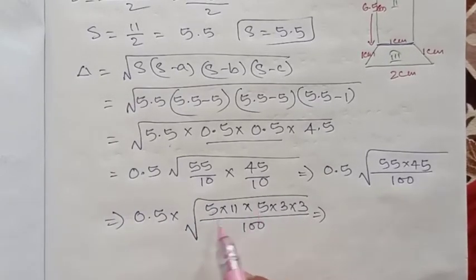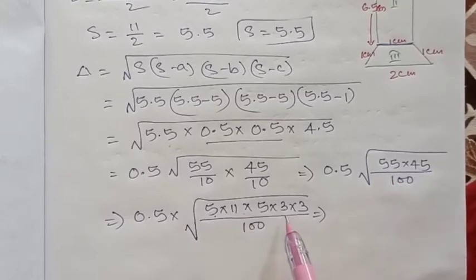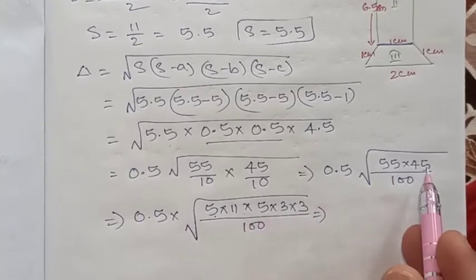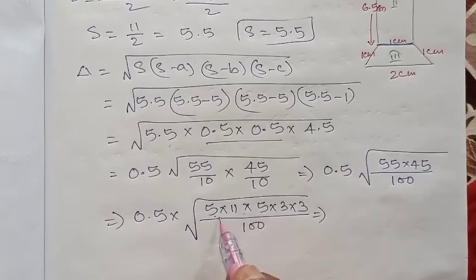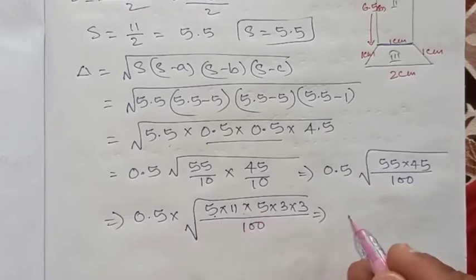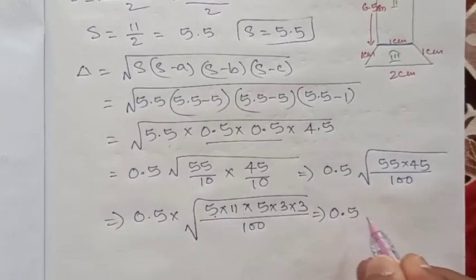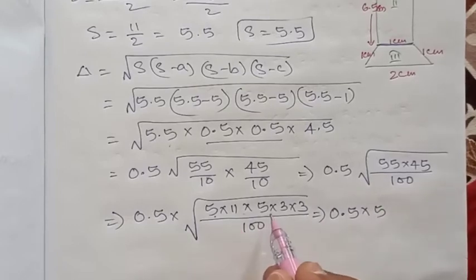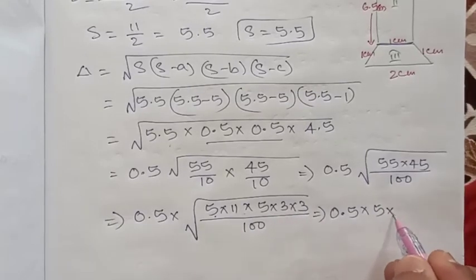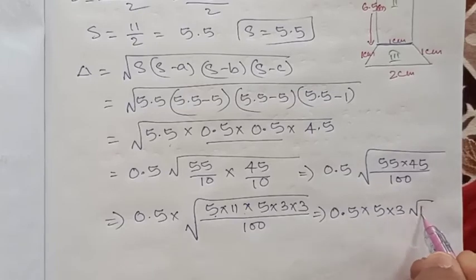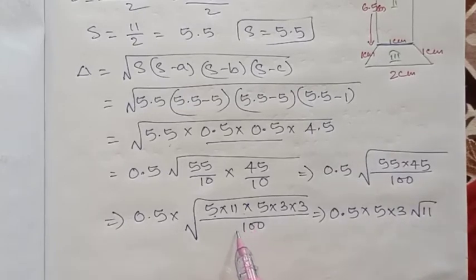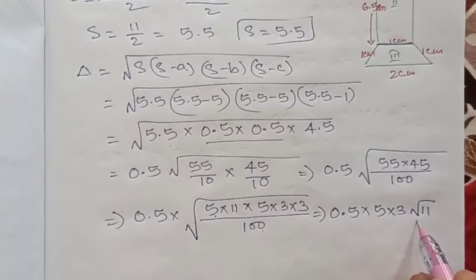How did we get this? 5 elevens are 55, 3 threes are 9, 9 fives are 45. Now out of two 5s, one we can take outside. Out of two 3s, one we can write outside the square root and 11 will be left inside the square root. Now what about the square root of 100? Square root of 100 is 10.